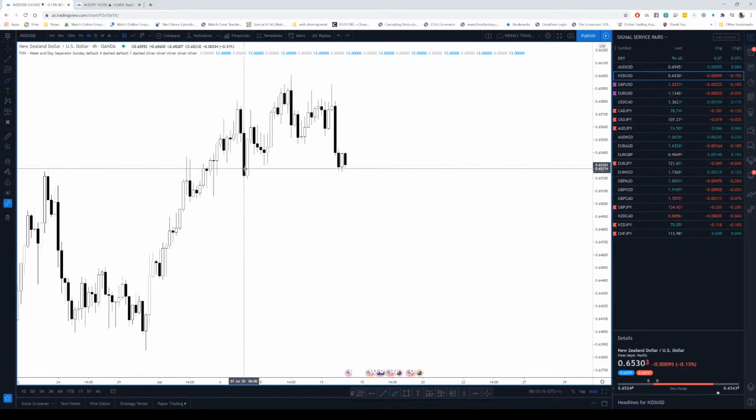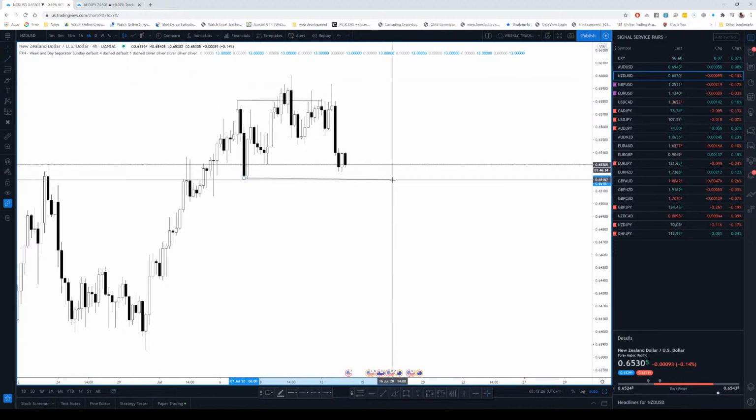So we are still overall in a consolidation. We did take out this high, and that low is still intact. This couldn't break above, so we are still overall slightly bullish but sideways. Once we take out this low, then it will be bearish.